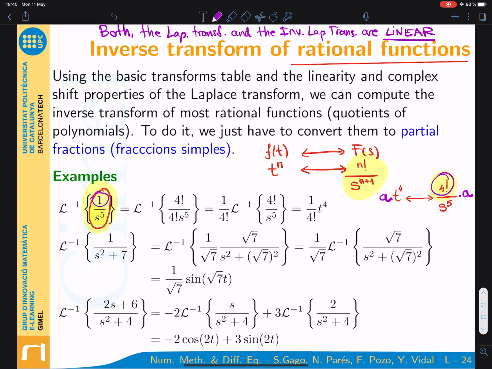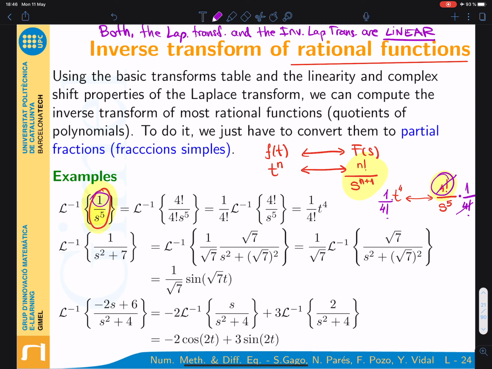So the question here is, what value of a should I use? What value of a would be great to use here? Maybe 1 over 4 factorial will do the work, because if I multiply by 1 over 4 factorial, this 4 factorial eliminates with this one here, okay?